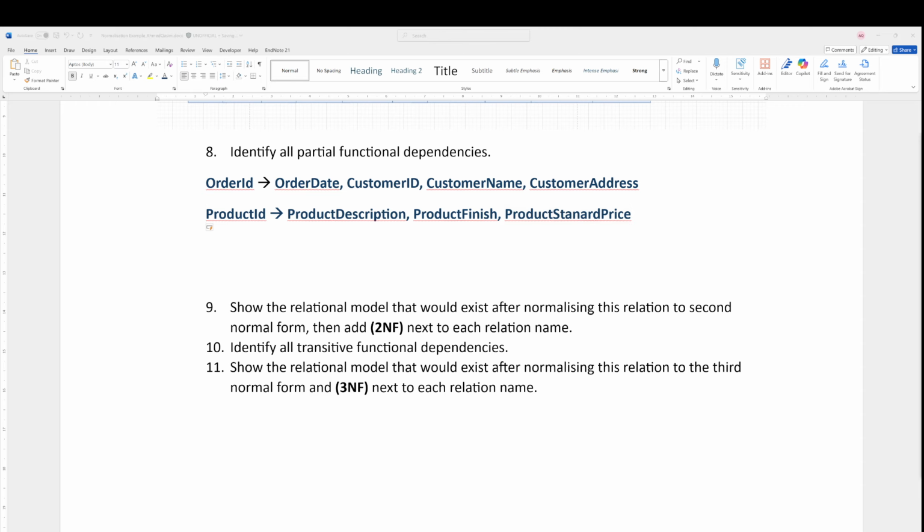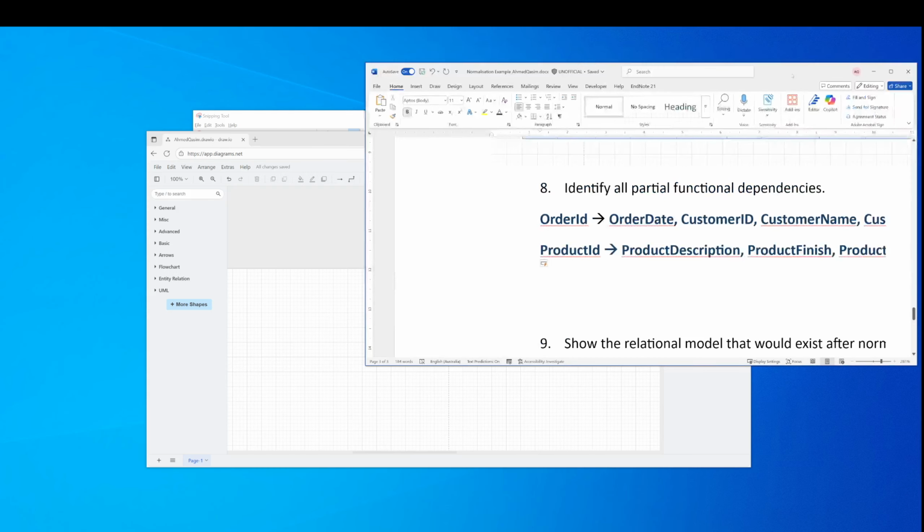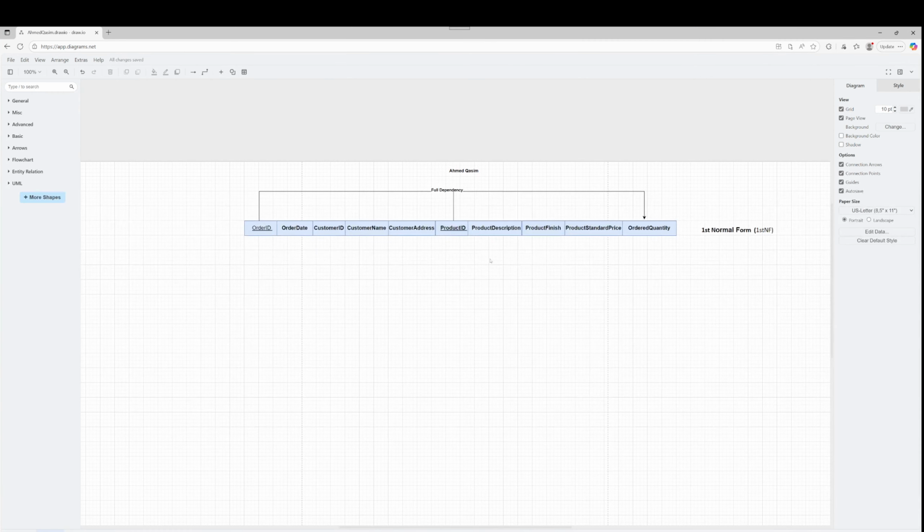Now what I need to do, I need to map these, show it in the diagram. All right. So as we mentioned, product standard price, product finish, product description are these partial.